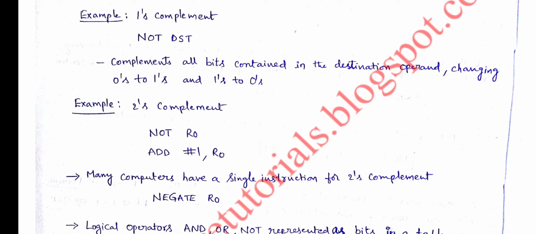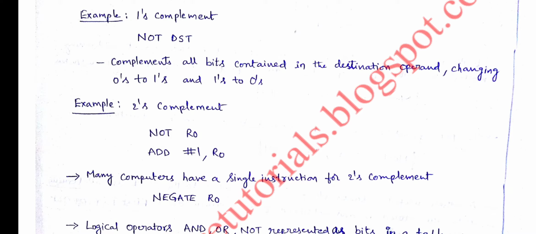Suppose the destination contains some combination of zeros and ones. Whenever you apply the instruction NOT DST, the bits contained in the destination change zeros to 1 as well as ones to 0.